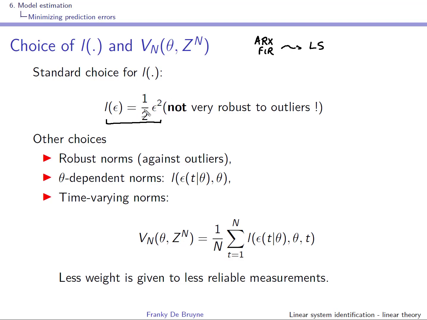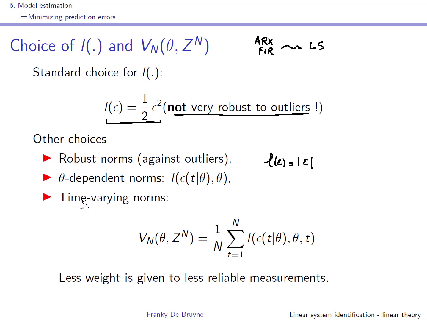The downside is that it is not very robust to outliers, and it's easy to explain. If you have an outlier, epsilon is large, but epsilon squared will be even larger, so you'll focus on this outlier, which is not a good thing. So you could think of other functions such as l(epsilon) equal to the absolute value of epsilon, but that is not a very good function to work with when you do numerical optimization, and you would also lose this property over here.